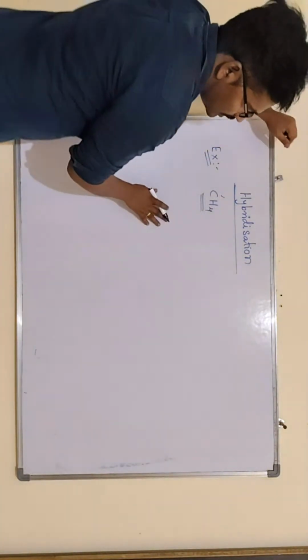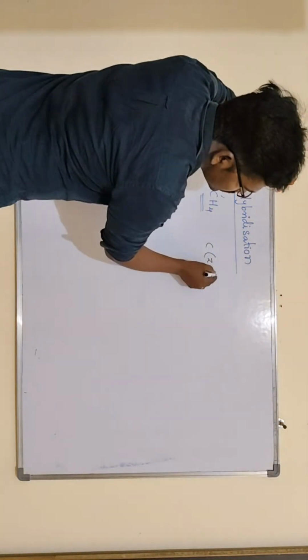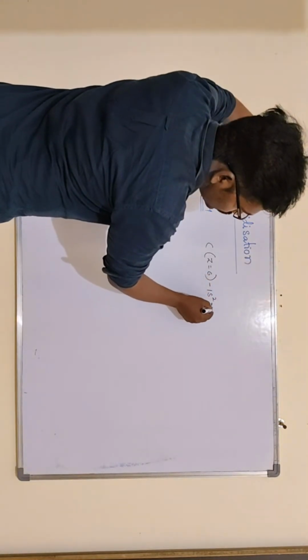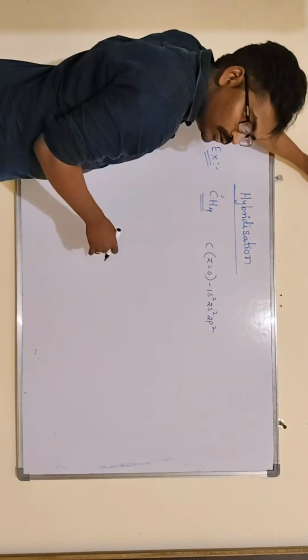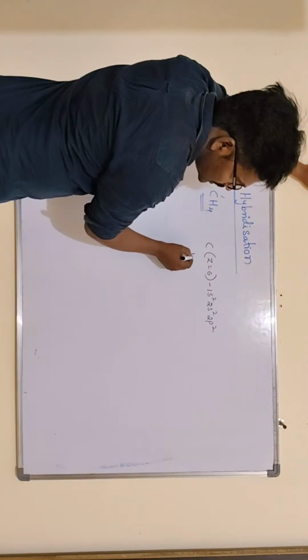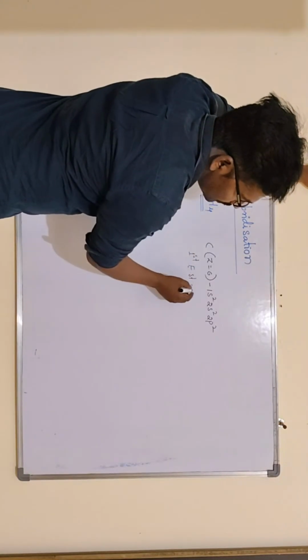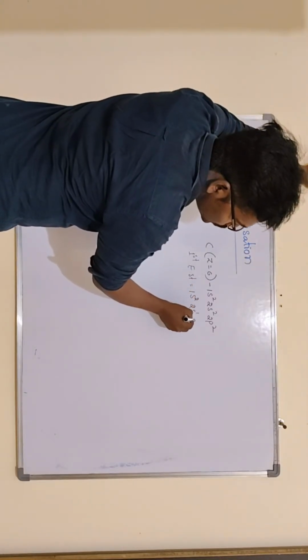The carbon atomic number is 6. The electronic configuration is 1s2, 2s2, 2p2. It is the ground state. In the first excited state, the electronic configuration is 1s2, 2s1, 2p3.